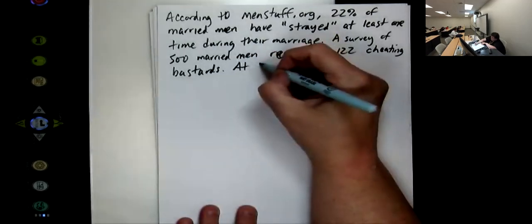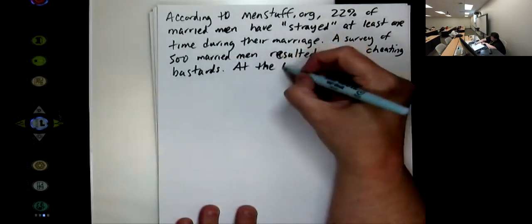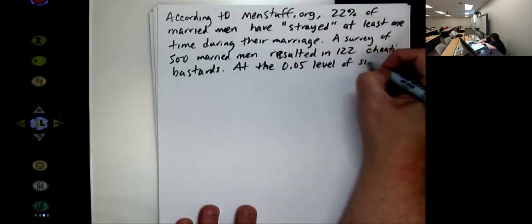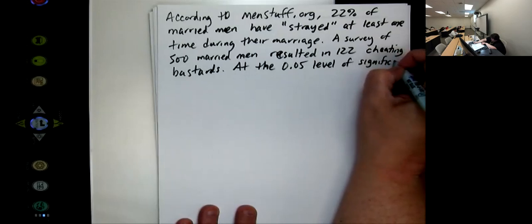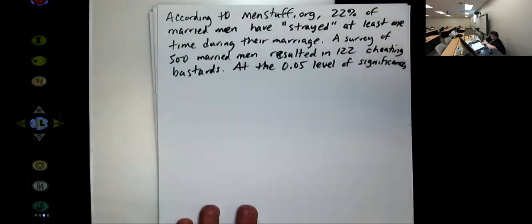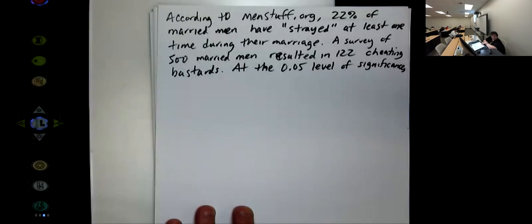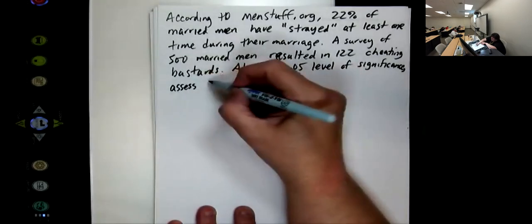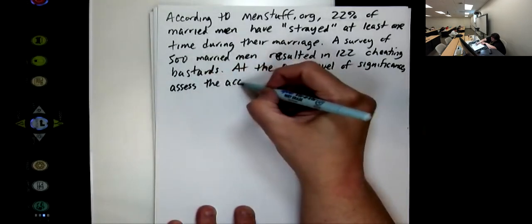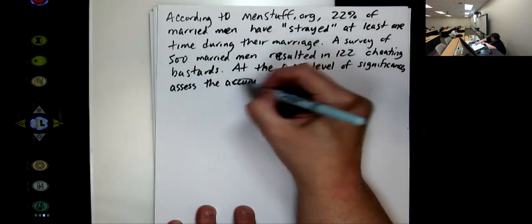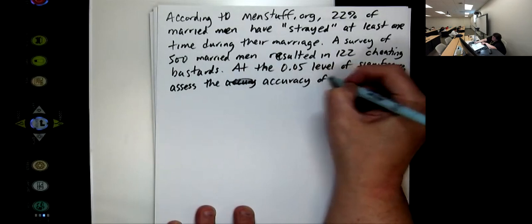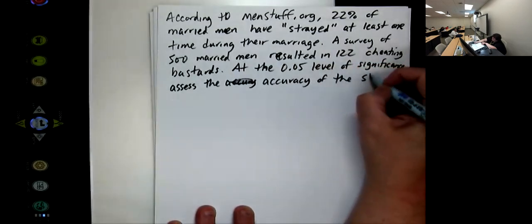At the 0.05 level of significance, assess the accuracy of this statement by minstuff.org.